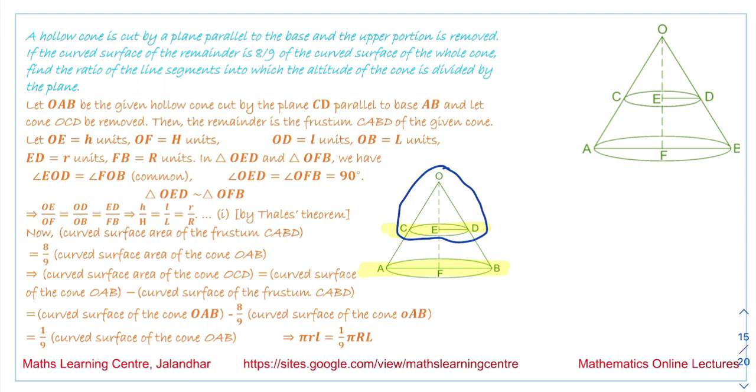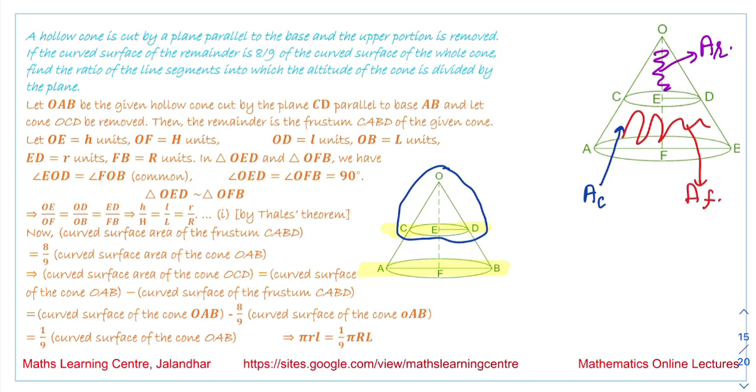If the curved surface area of the remaining portion is 8 by 9 times the curved surface area of the whole cone, suppose the area of the whole cone is area of the cone, the area of this upper part is area of the part which is removed, and this area is the area of the frustum of the cone.